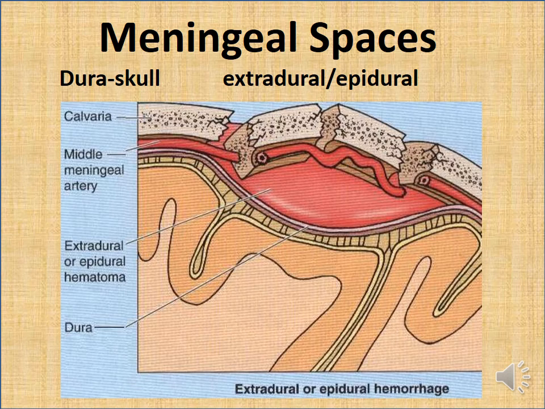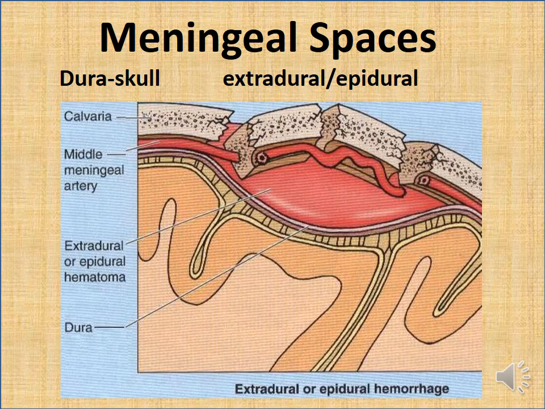Now the meningeal spaces. The extradural space extends between the skull and the Dura Mater. Any injury or fracture to the skull that leads to hemorrhage here is called extradural or epidural hemorrhage.